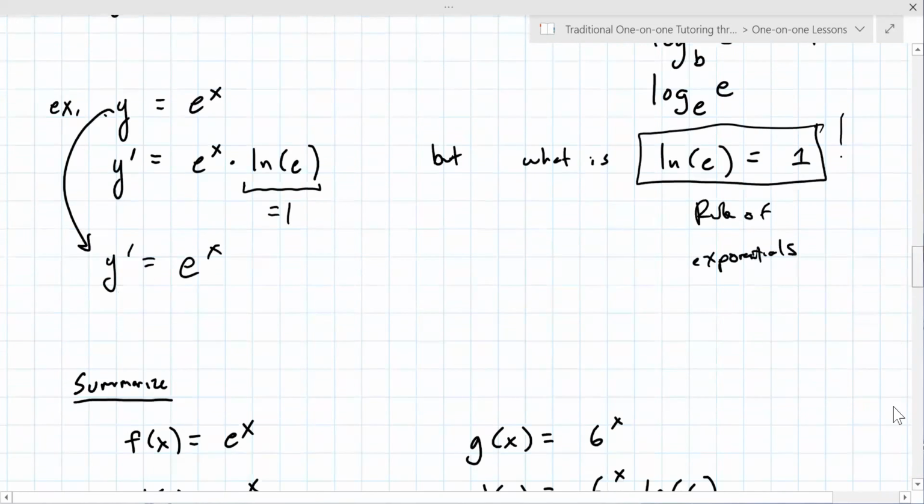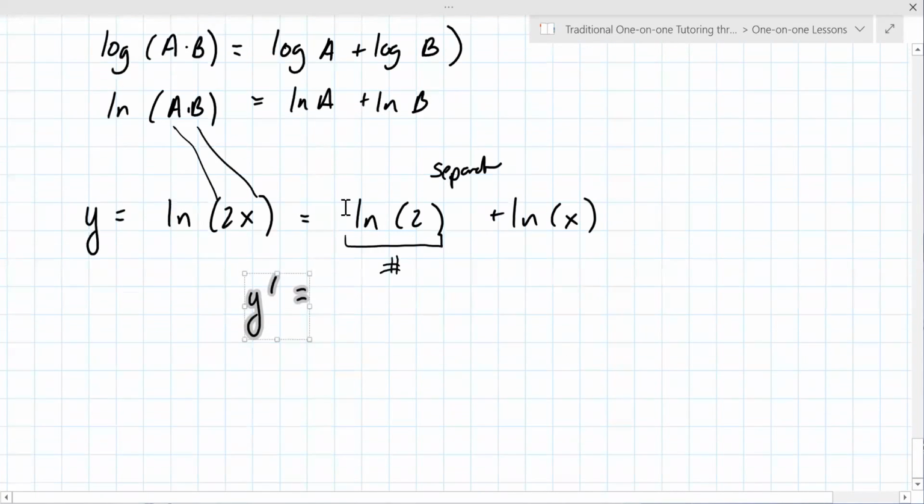So the same thing applies down here. The natural log of 2 is a number, so its derivative is 0. And the derivative of natural log of x is 1 over x. So that's a shortcut here. That's an example.